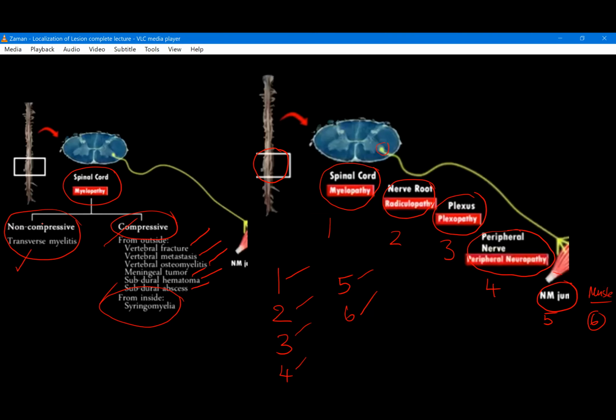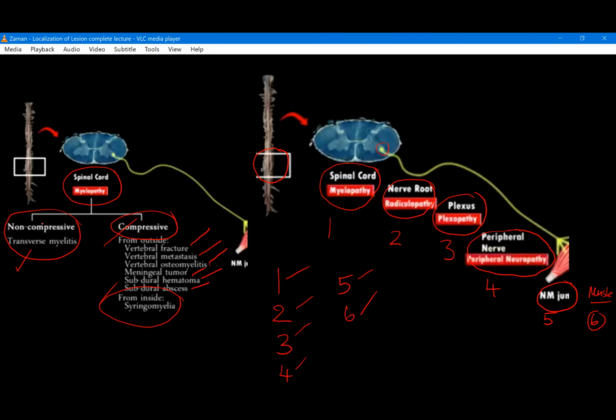So this is one area: compressive, non-compressive. Non-compressive: vascular and transverse myelitis. Compressive from outside, from inside: syringomyelia and Brown-Séquard syndrome, things like that, and subacute combined degeneration.